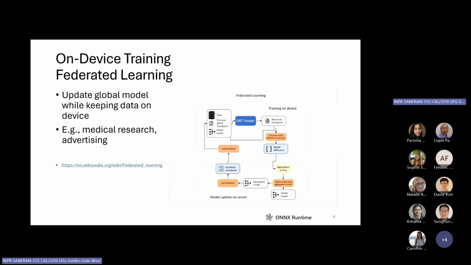So from the device, it will send the deltas in the model that it has computed from training with the data back to the server, and those get aggregated and used to update the global model state. Some applications are medical research and advertising.